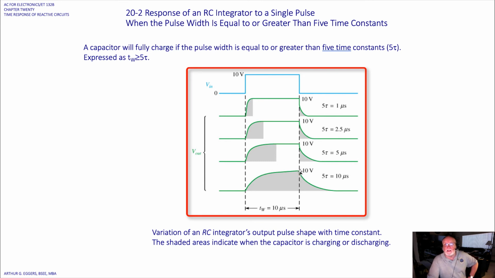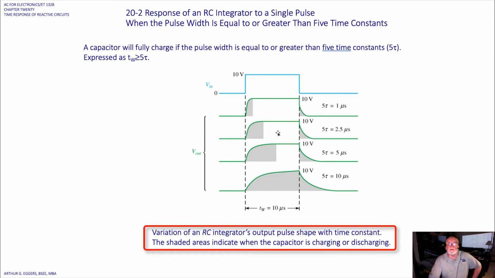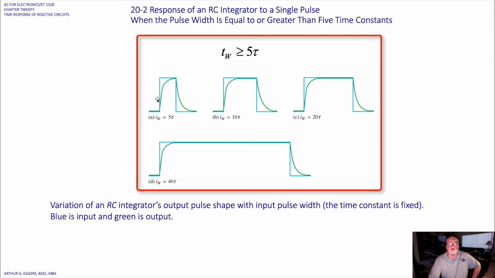It is maximized, and now we go from high to low, and it starts to discharge. So we can see what's going on with the area under the curve here as we are doing our integration, or summing each of these individual pulses that could be sliced up under the curve. Okay, so we can see here in this example, in each case 5 time constants, 10 time constants, 20 time constants, 40 time constants.